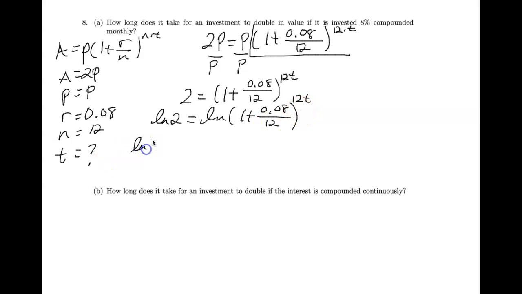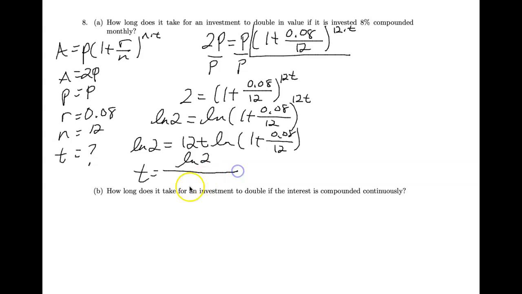So I'll have ln 2 equals 12t times ln of (1 plus 0.08 divided by 12). To solve for t, I need to divide both sides by 12 times the natural log of the stuff. So I'll be left with t equals ln 2 divided by 12 times ln of (1 plus 0.08 divided by 12).